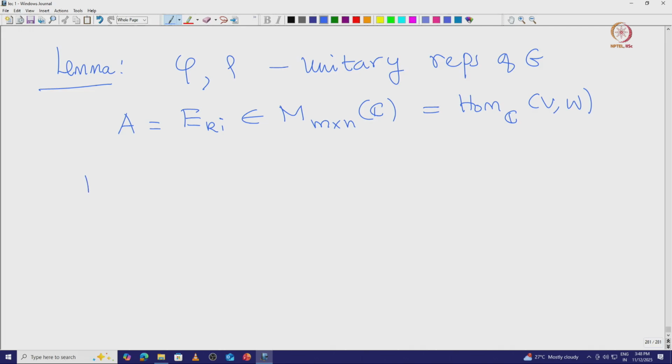Now we are going to look at what happens to this operator when we apply this P. That means we want to compute this A hashtag. Computing A hashtag is the same as computing its (l, j)th matrix entry. This is going to be exactly equal to the inner product between the matrix coefficients phi_ij and rho_kl.